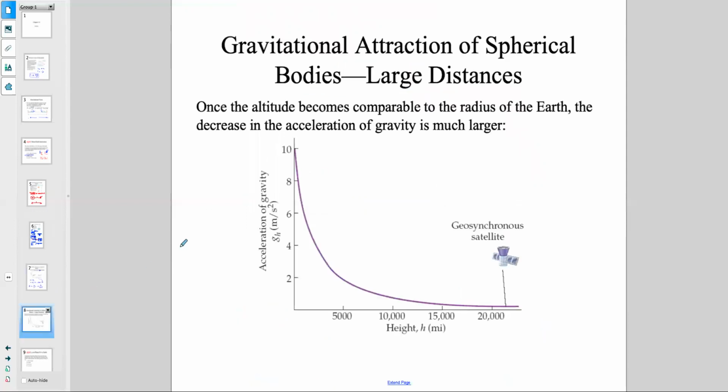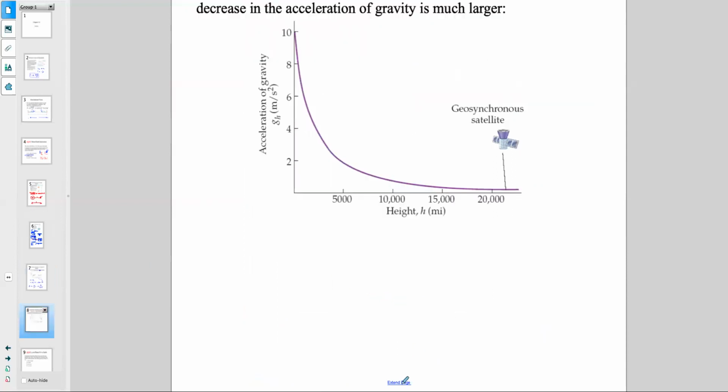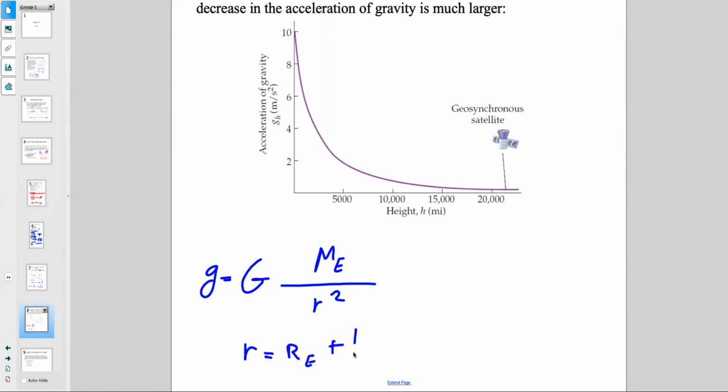But if you go really away from the surface of the Earth, remember that g is G M of E over R squared, and this R is the radius of Earth plus the height.